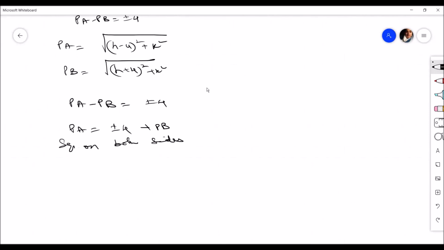I'm squaring on both sides, which will give me PA square is equal to A square plus B square plus 2AB. So what is A square here? It's (plus or minus 4) whole square, which is 16. It doesn't matter whether you have a plus or a minus here; in both cases, if you square up, you will get 16 only. Any doubts here?